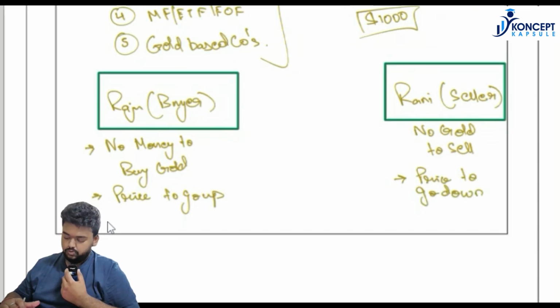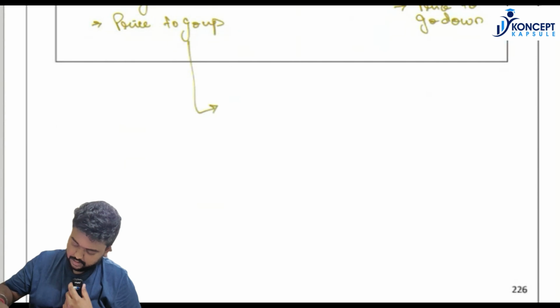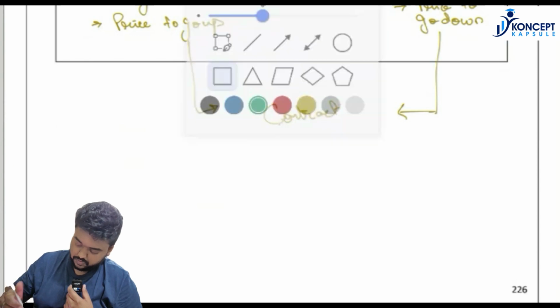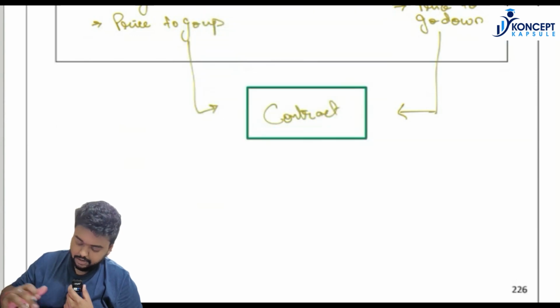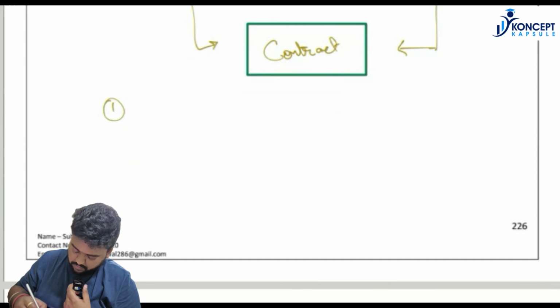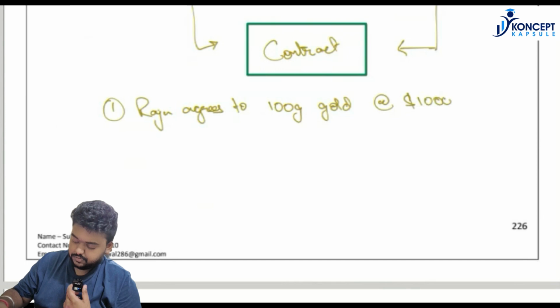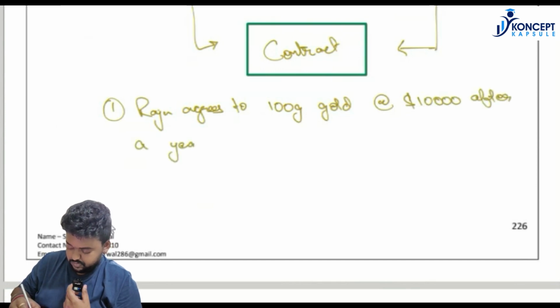So what they can do is enter into a contract. What kind of contract? A contract where Raju agrees to buy 100 grams of gold at $10,000 after a year, and Rani agrees to sell.